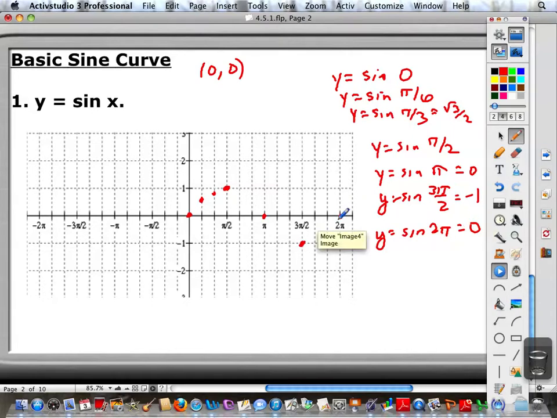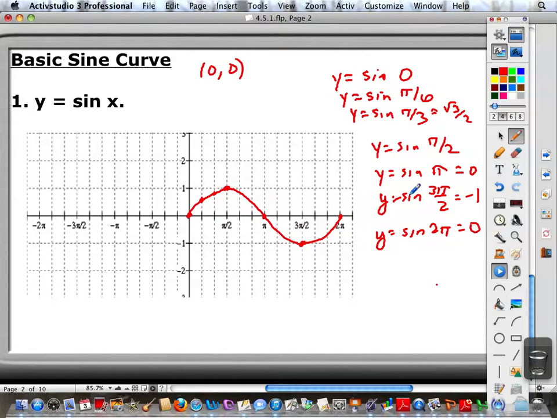So what's happening when we look at this sine curve is it looks something like this. When we get back to 2 pi, we've completed one revolution and now we're starting over, so we would have these coterminal angles. All of the values we've got in the first rotation, once I start my second rotation, are just going to start repeating, and this graph starts to repeat itself.